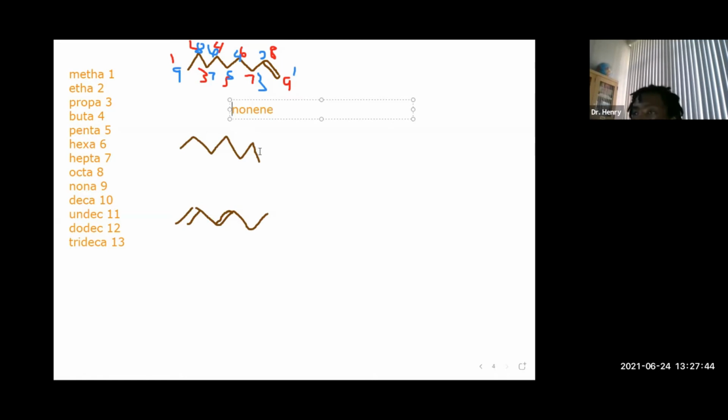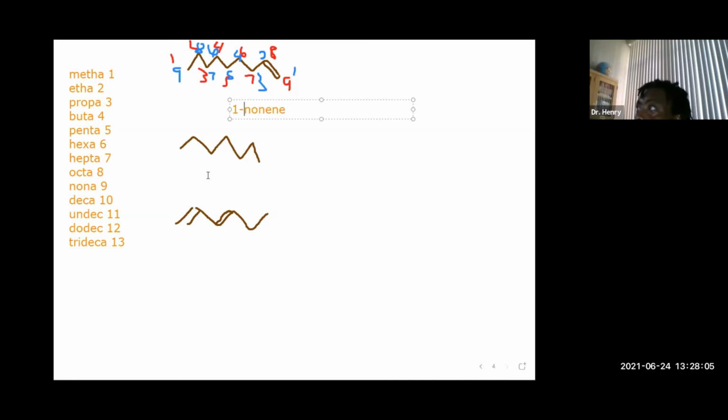And then the number that I'm going to tell, what number am I going to put there for the double bond? It is 1, that is correct. So it'll be 1-nonene.